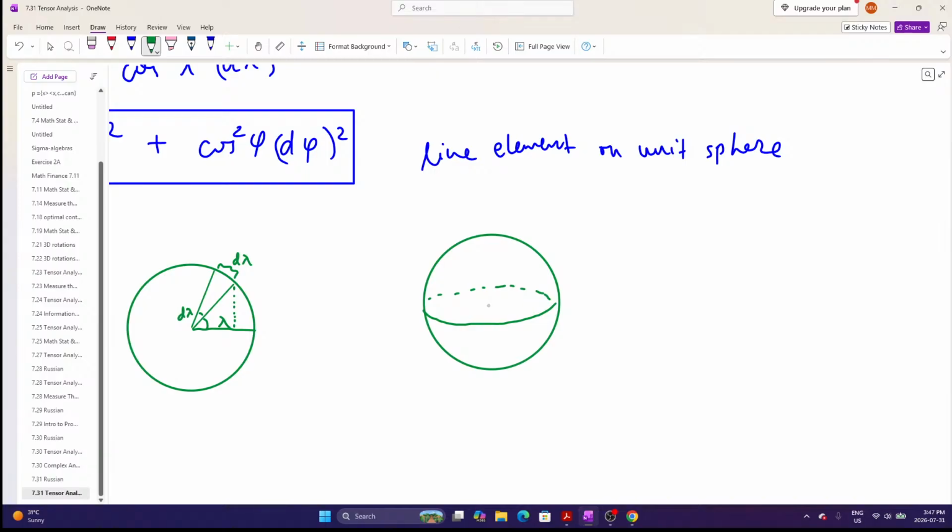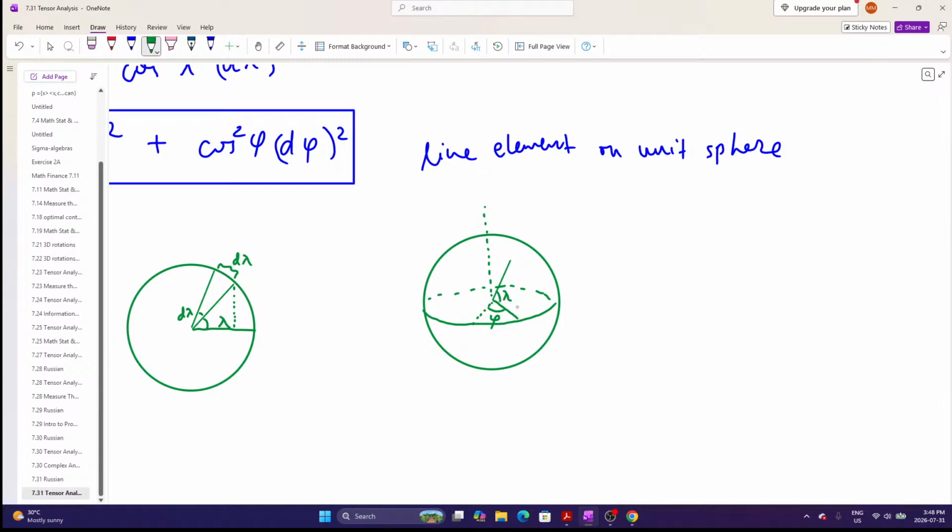Instead, I need a reference direction to say this is my phi. Now imagine if you change phi. Actually, you've got to keep lambda constant, so we need the vertical axis as well. So let's say this is constant lambda.